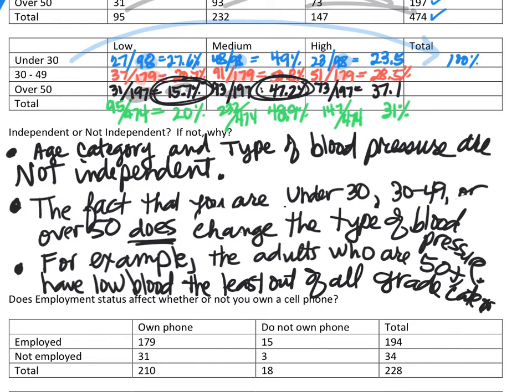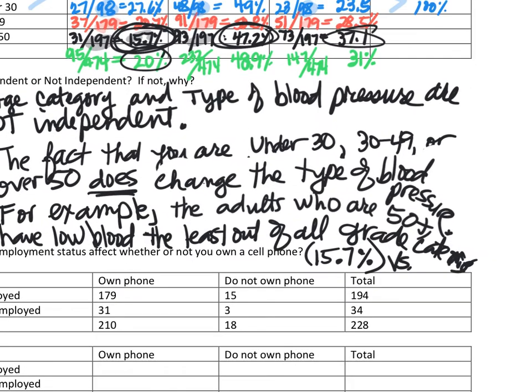Now give a specific example: 15.7% versus the marginal. Hold on, 15.1% for that and 20% overall. So 20% overall, or marginal.